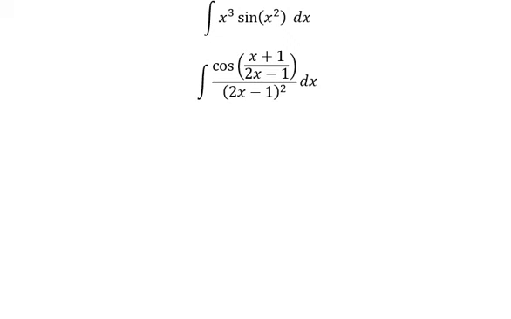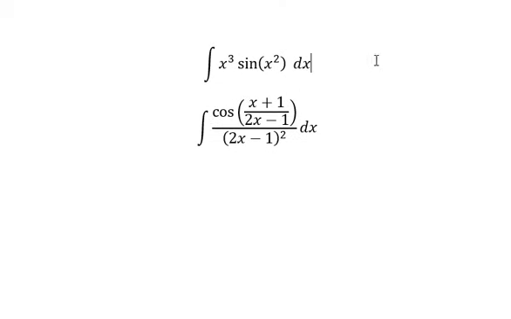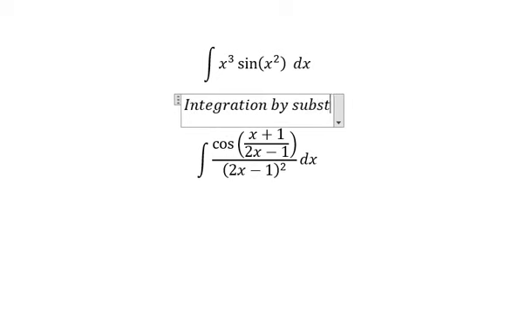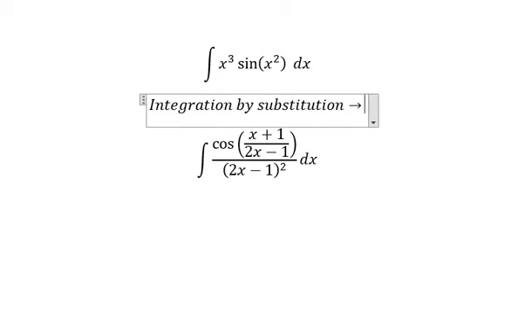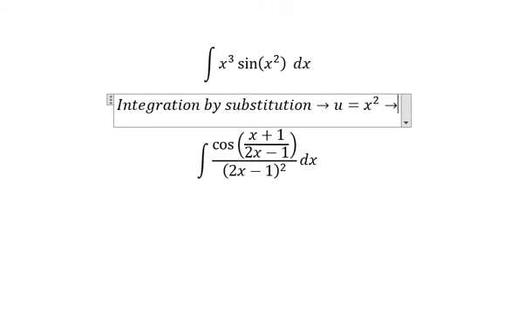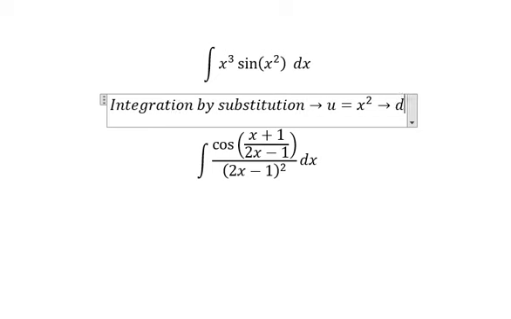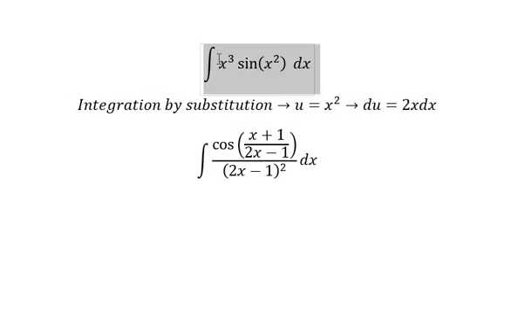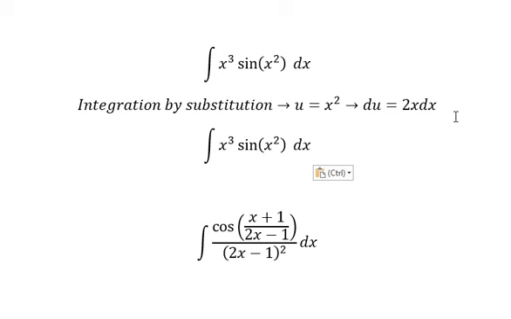Now let's go to the next one. We need to use integration by substitution. So I will put u equals s squared. So we do first derivative for both sides. You get du equals 2s ds. So if we look carefully, this is s to the power of 3.